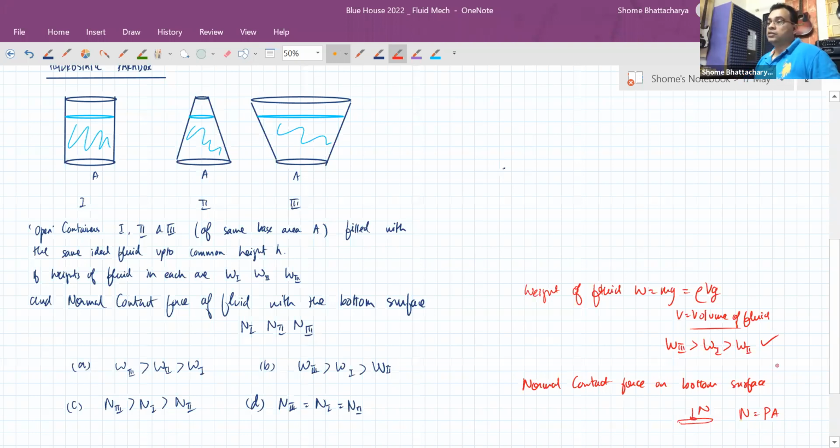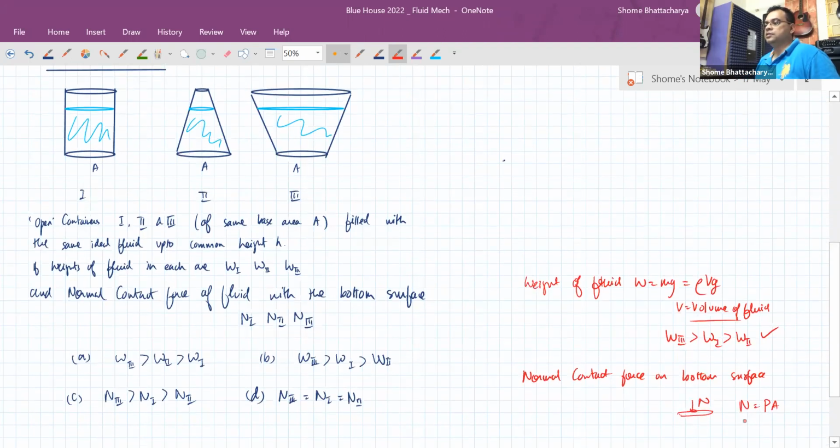Not the liquid plus the atmospheric pressure, but the liquid pressure, how much force it is applying. So the presence of the liquid is creating an additional force due to the additional hydrostatic pressure. So that is equal to how much? That is equal to rho g h into area.